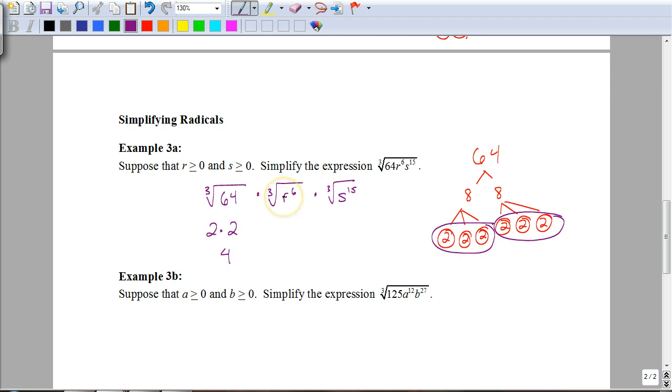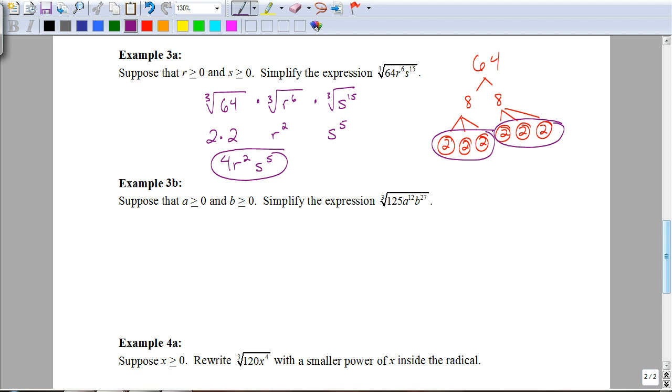The cube root of r to the 6th, well, 3 goes into 6 2 times, so that's going to be r squared. 6 divided by 3, remember we divide the power by the root. 3 goes into 15 evenly 5 times, so it'll be s to the 5th. So our answer is 4r squared s to the 5th.